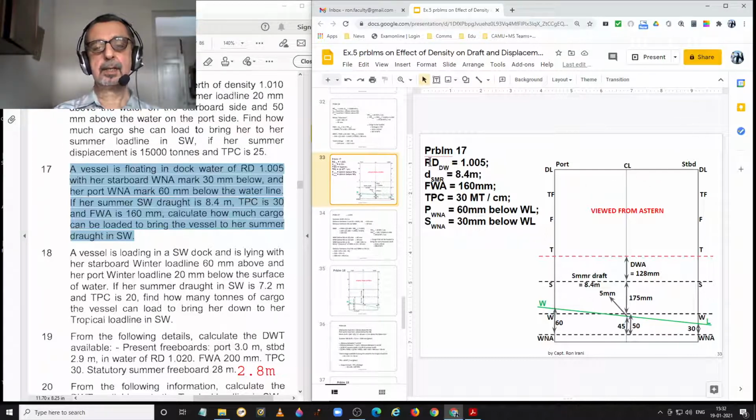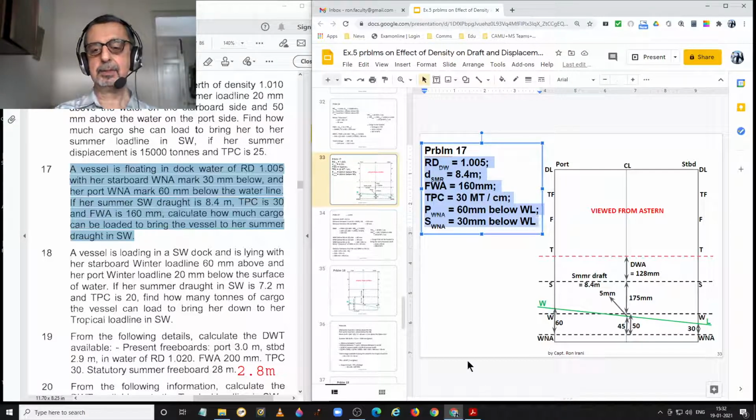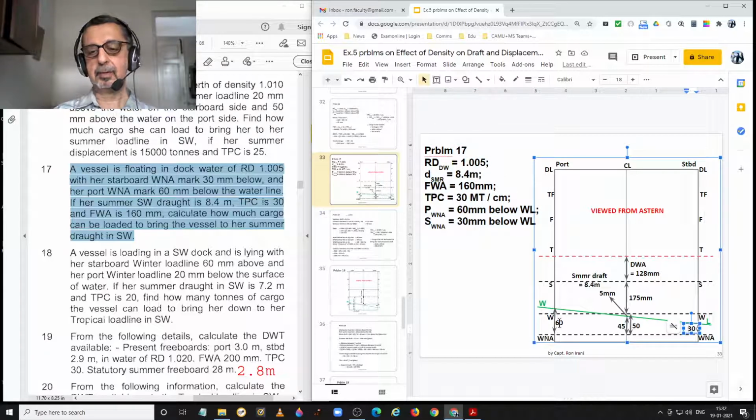The data given to us in the problem is all of this, and that has been converted into this drawing. The WNA load line on the starboard side is 30 millimeters below the waterline, and on the port side it is 60 millimeters below the waterline.